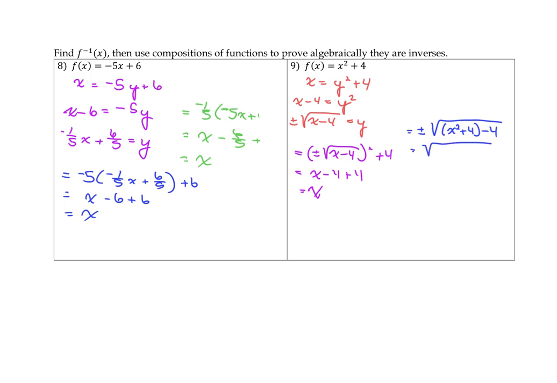Then x squared plus 4 minus 4 becomes x squared. And the square root of x squared is x. So my end result again is x. So I've just proved it algebraically.